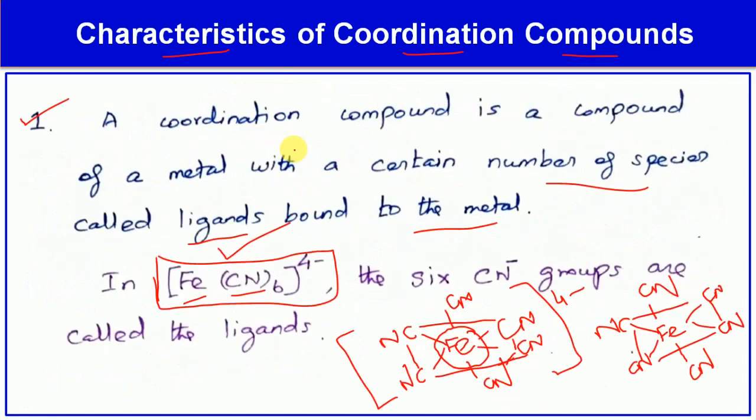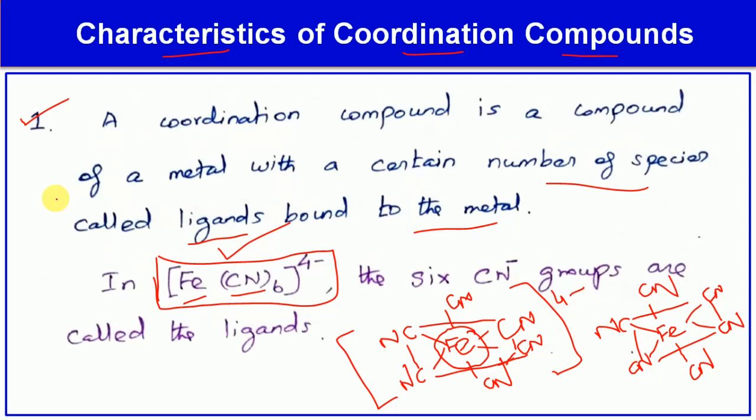One more time, what is the first point? You can remember: a coordination compound is a compound of a metal with a certain number of species called ligands bound to the metal. For example, hexacyanoferrate(II) ion, [Fe(CN)6]4-.